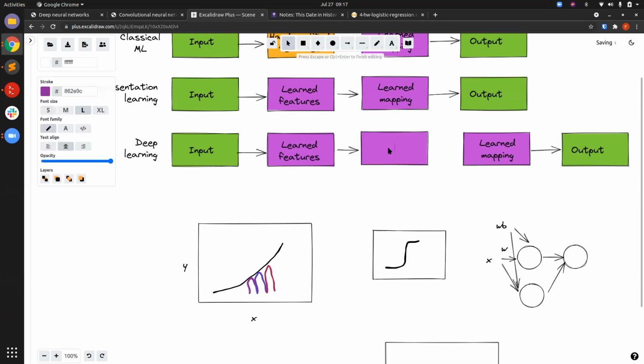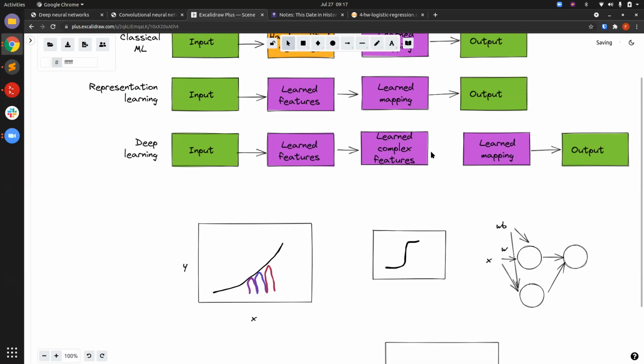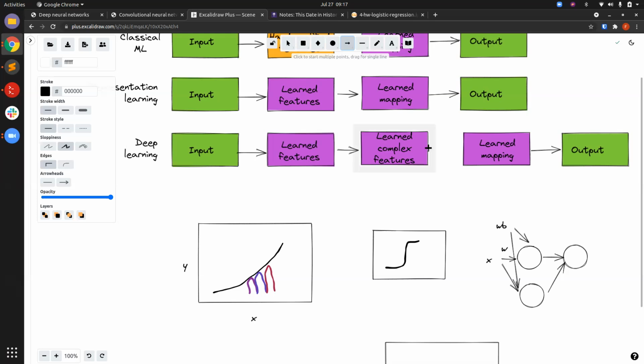So now we're going to have learned simple features, but also learned complex features. So this is what deep learning is all about.